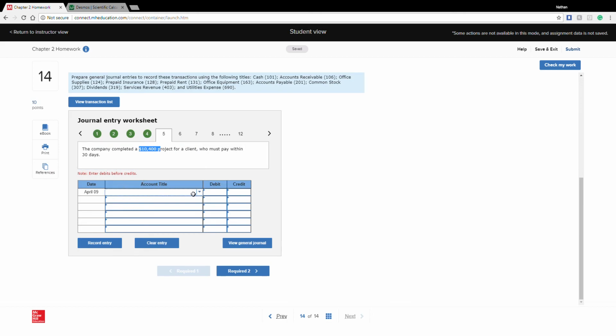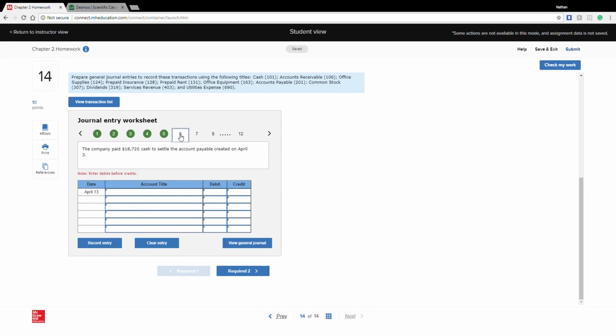Since we've completed it, we did earn our revenue. Since we've billed the customer, this is accounts receivable. The customer still owes us money. So we own that receivable, or that bill, until the customer pays. So 10,400, 10,400.